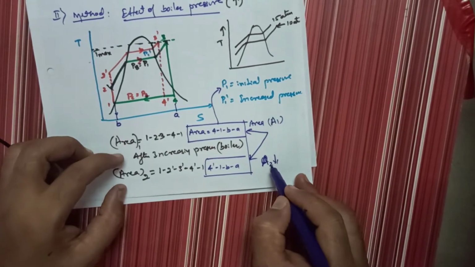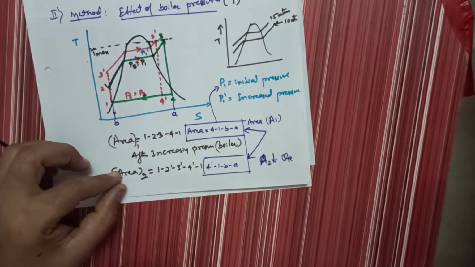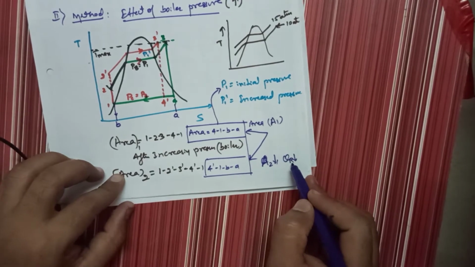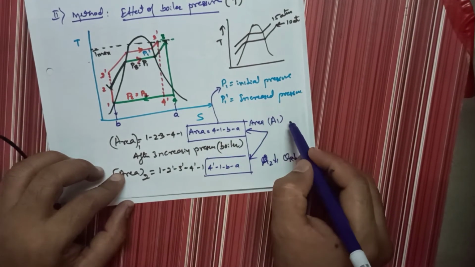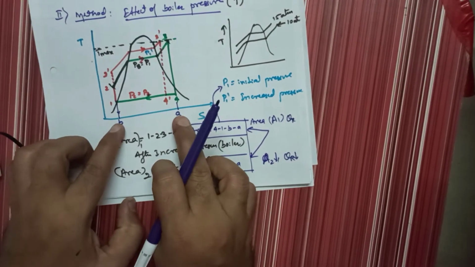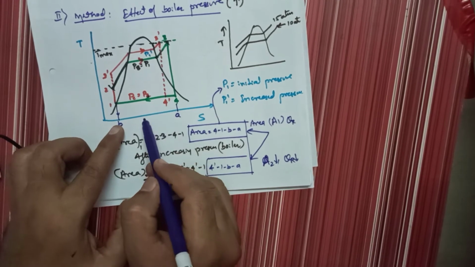So area A2 is less, means less heat rejected, correct or not? QR is less compared to A1's QR.